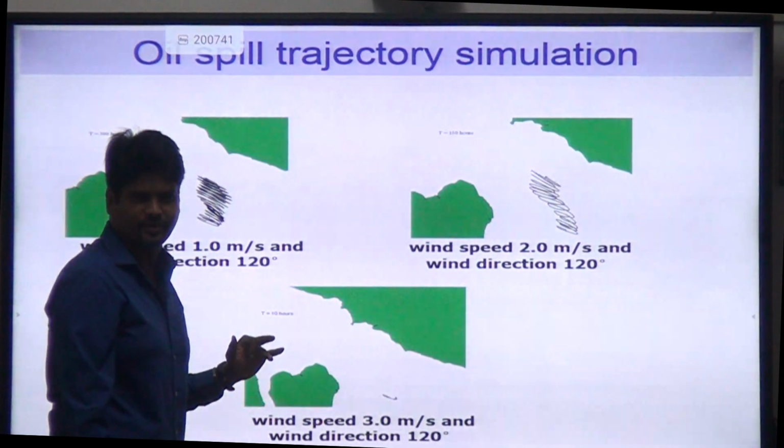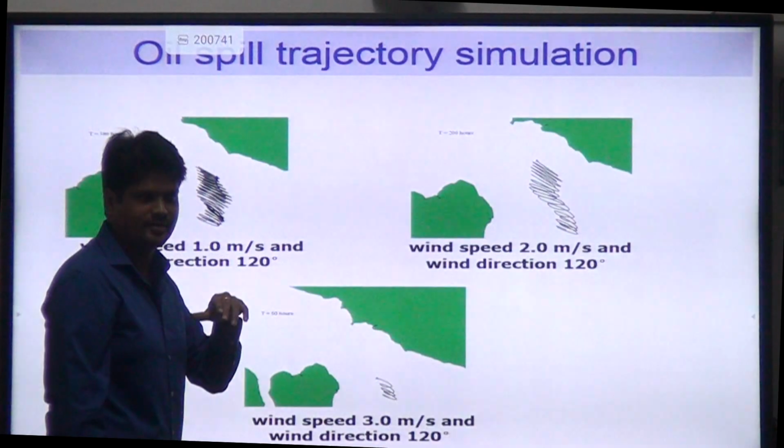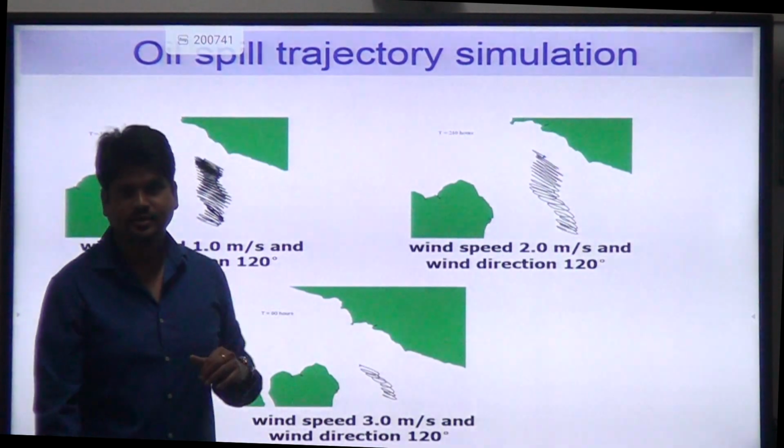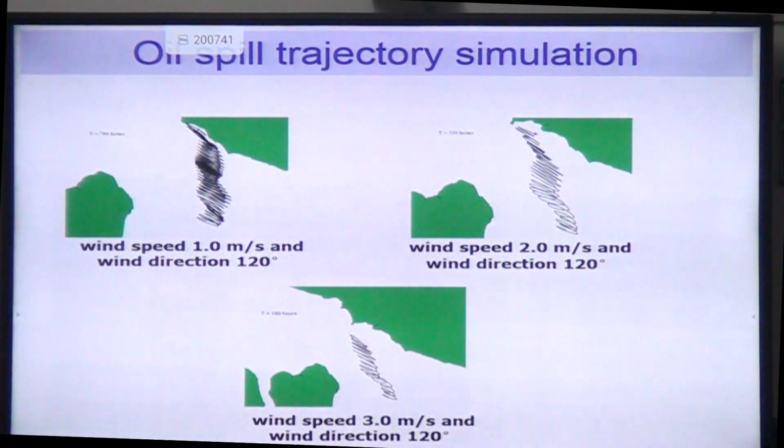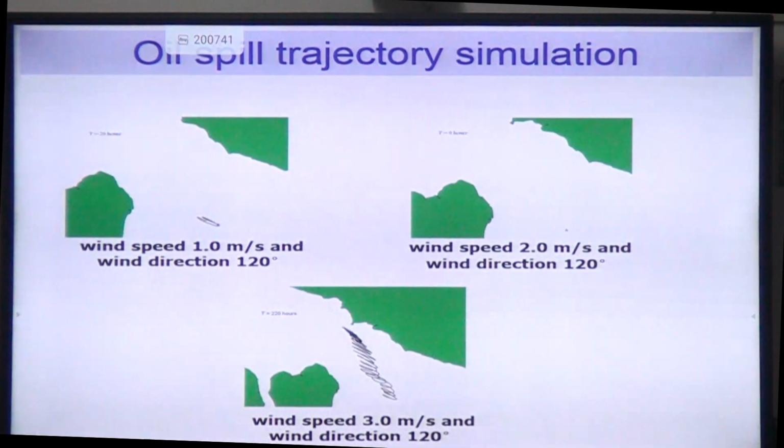Northwest, right? Now it's the first quadrant, isn't it? No? Second. Sorry, 90 degrees, yeah, second quadrant. Okay, so let's keep the wind direction constant.